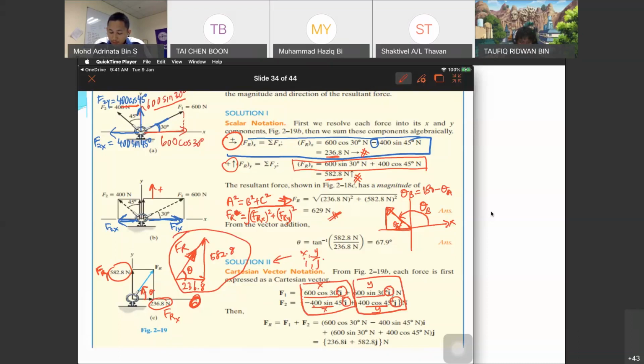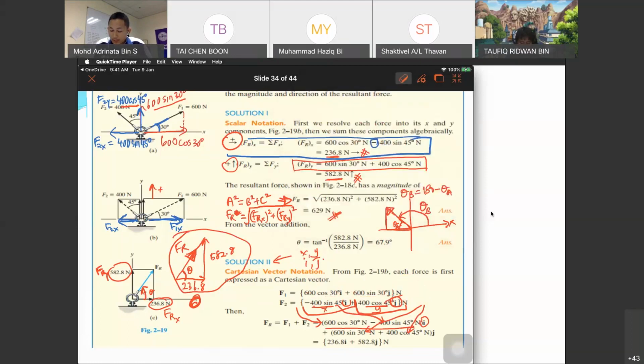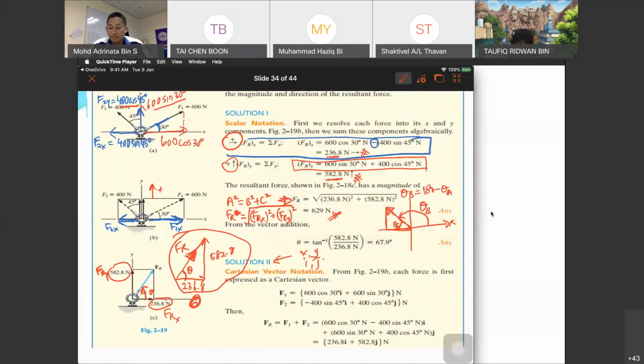So this is i: 600 cosine 30 plus, oh sorry, minus 400 sine 45. And this is j: 600 sine 30 plus 400 cos 45. So i and j depend on the x and y direction.